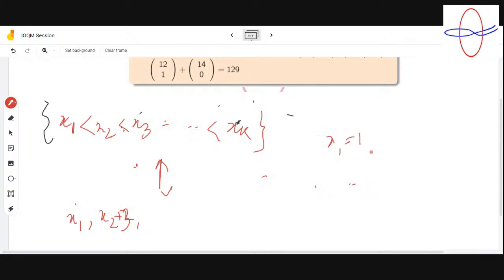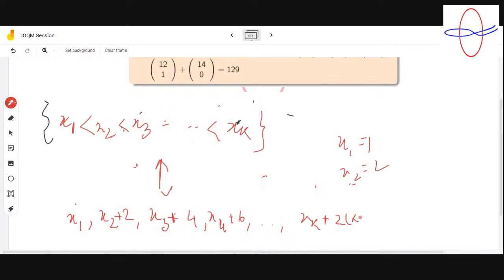If you take x1 equal to 1 and x2 equal to 2, this is not a spacey subset. Therefore the next one will be x3 plus 4, then x4 plus 6, and so on up to xk plus 2k minus 2.